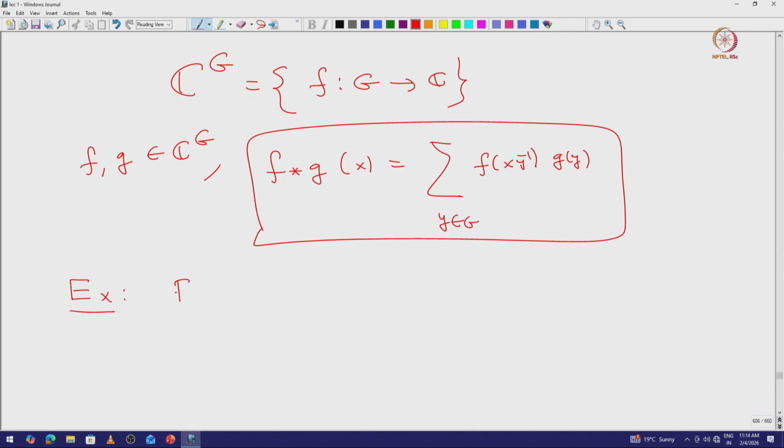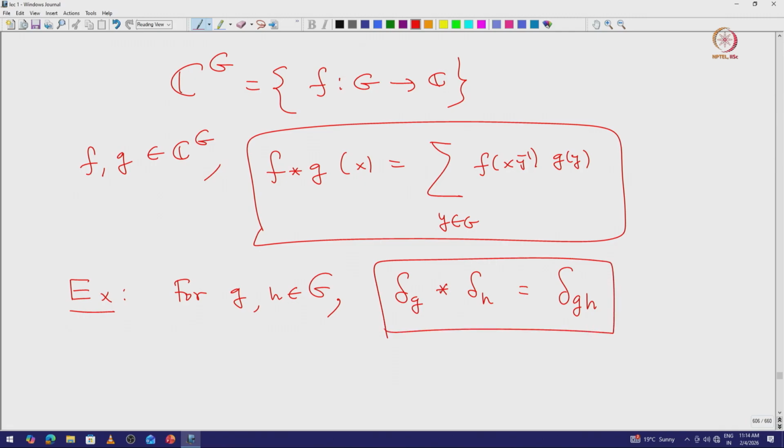For g, h in capital G, if we take delta g star delta h, the convolution product that we have defined on CG, this actually reflects the group product on G. So basically delta g star delta h is equal to delta gh.